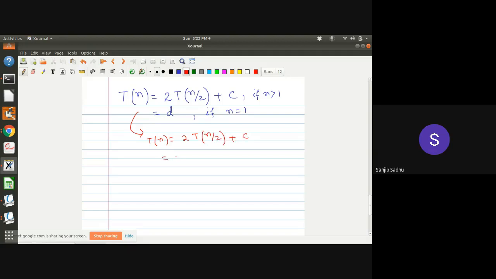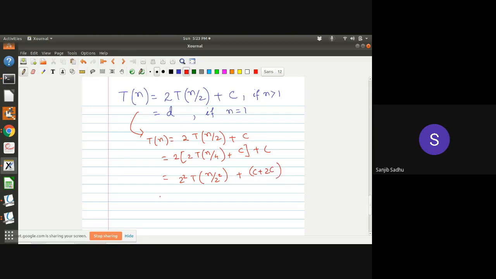In the next step, I can write 2·2·2T(n/4) + 2C, so it becomes 2^i T(n/2^2) + 2C, C plus 2C.